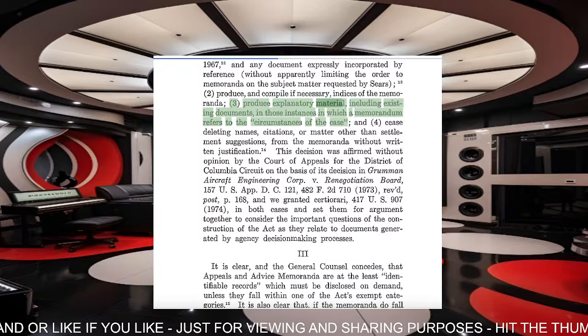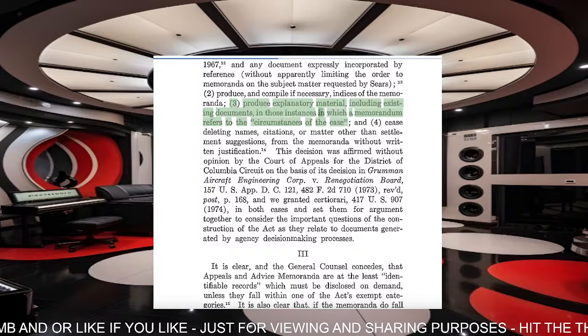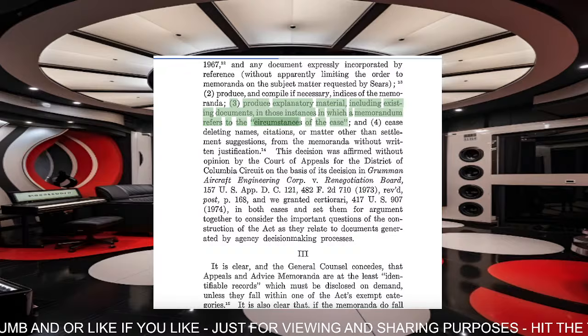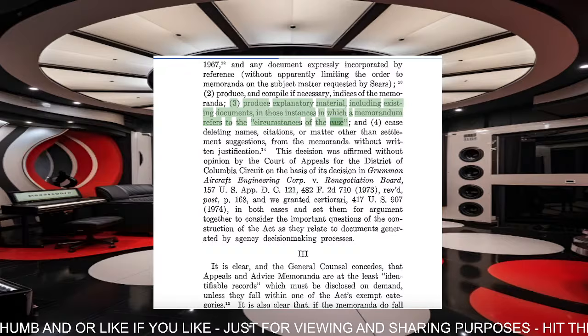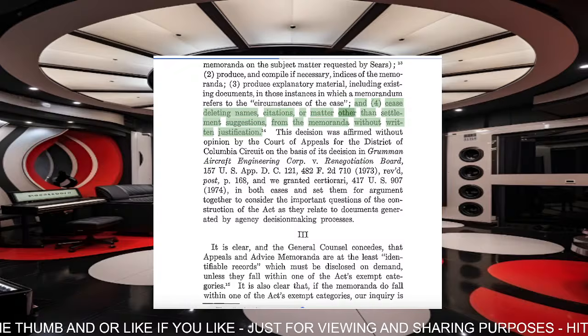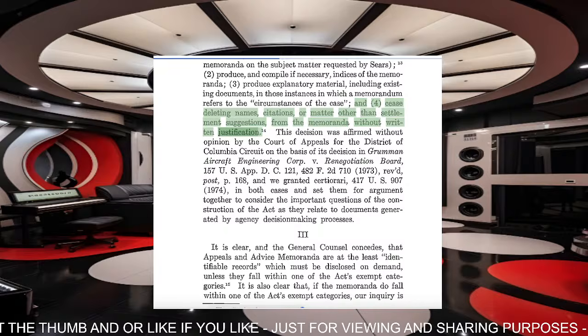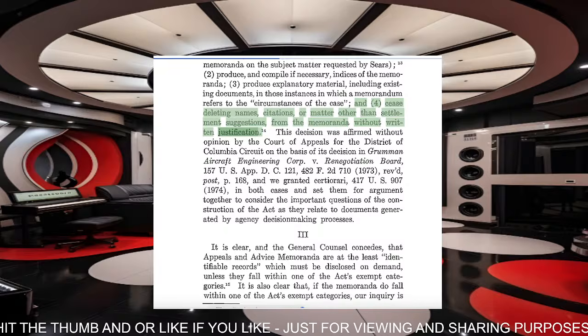Produce explanatory material, including existing documents, in those instances in which a memorandum refers to the circumstances of the case. And cease deleting names, citations, or matter other than settlement suggestions from the memoranda without written justification.